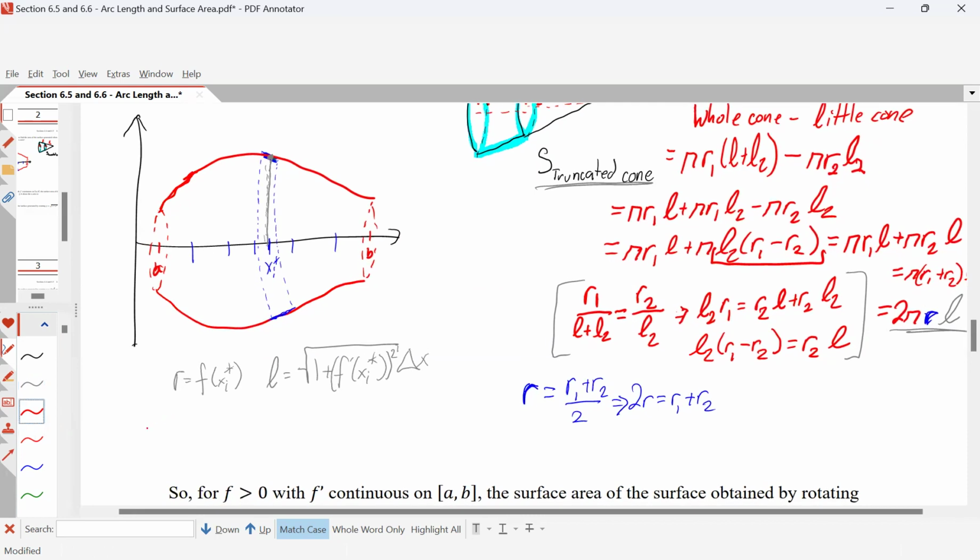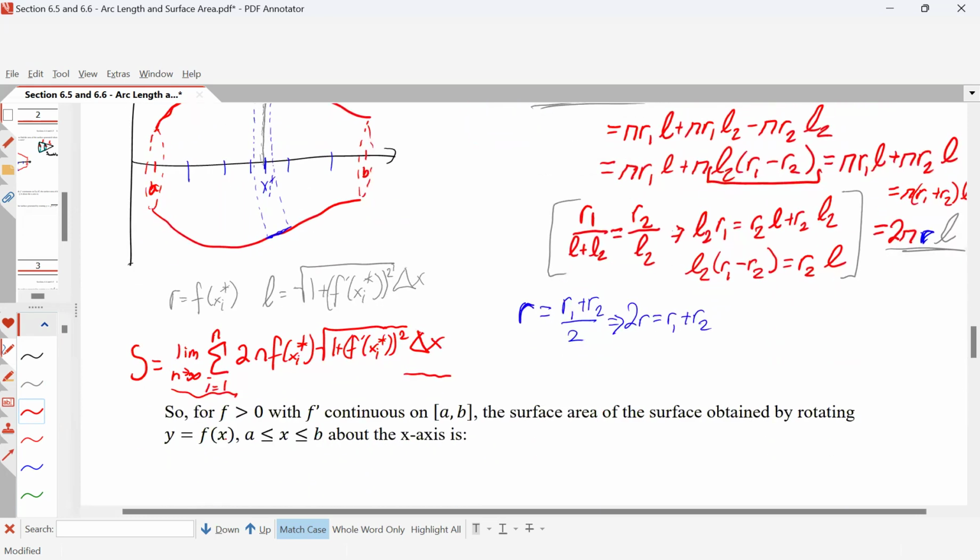So the surface area is equal to the limit as n goes to infinity of the sum of 2 pi f of xi star square root 1 plus f prime of xi star squared delta x. This now turns into an integral.